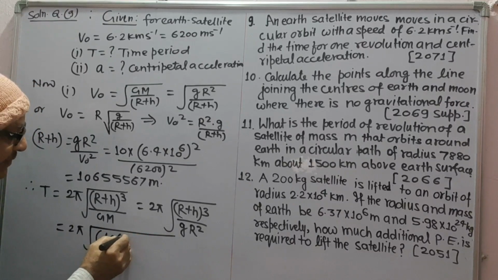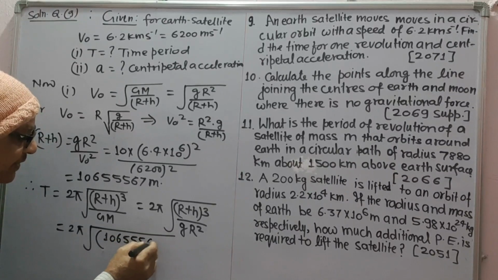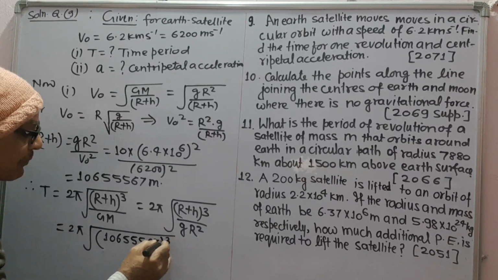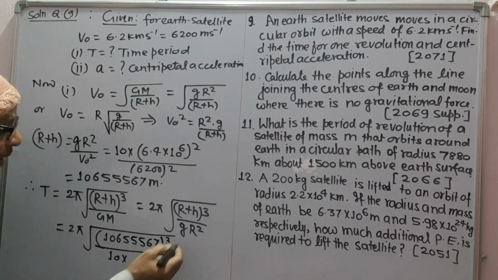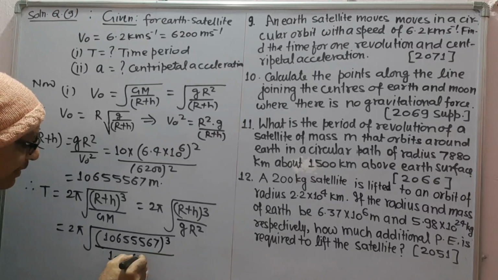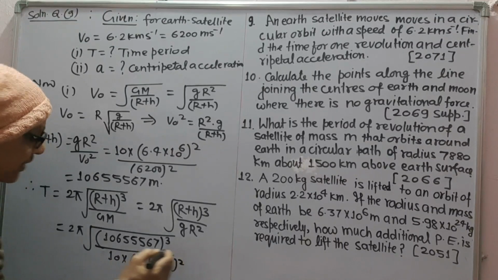10,65,55,67 cube upon g is 10 and r square means 6.4 into 10 to power 6 square.